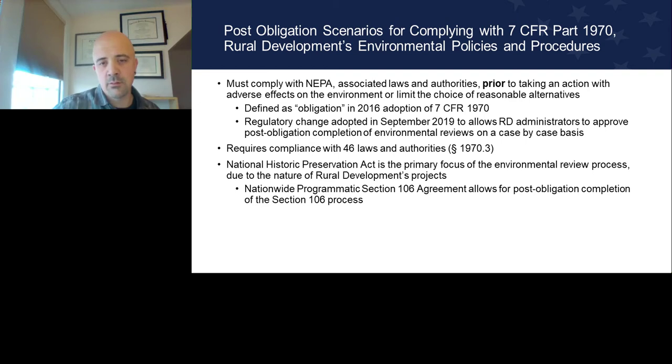And also, due to the late nature of the regulatory change in September of 2019, there were a small subset of projects that were awarded that are subject to the nationwide programmatic agreement. So there are a few applicants that need to comply with the provisions of the NPA, which for the most part are identical to the normal historic preservation requirements.